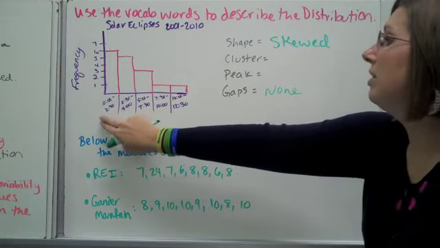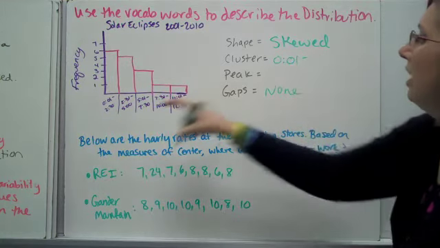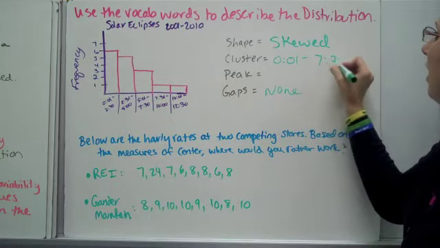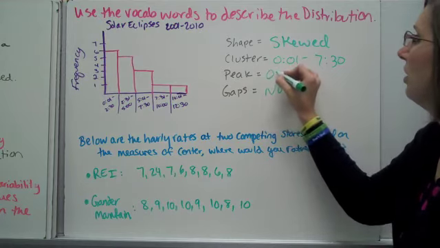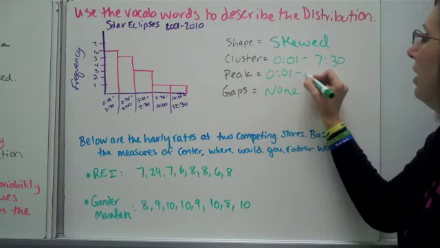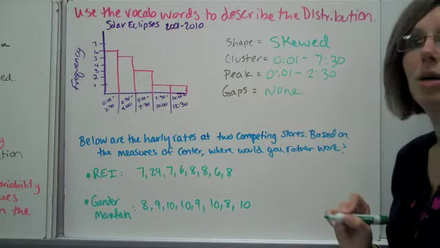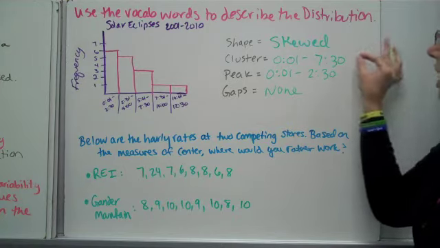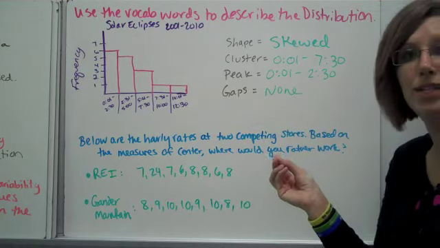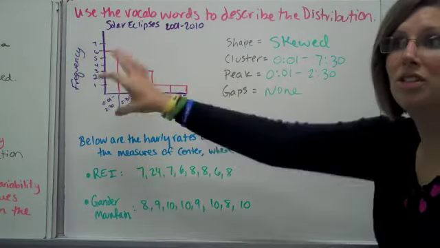Or I can even go out and say the cluster is from 1 second all the way out to 7 minutes and 30 seconds. The peak, which is the most frequent time of a solar eclipse, is 1 second through 2 minutes and 30 seconds. But if we had a solar eclipse, I would guess that it's going to range anywhere between 1 second and 7 minutes and 30 seconds, since that's where our cluster of data falls.